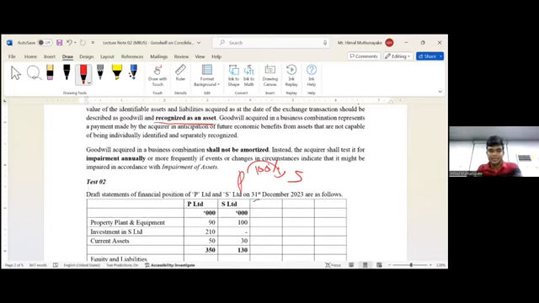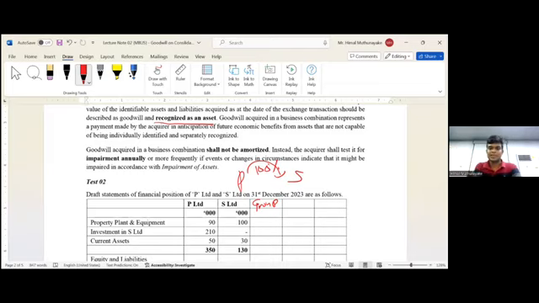So let's see the group accounts. We go line by line, item by item, because P and S become one entity. That means you need to sum up these values, because as we learned in group accounts, we include assets not owned by the group but controlled by the group.